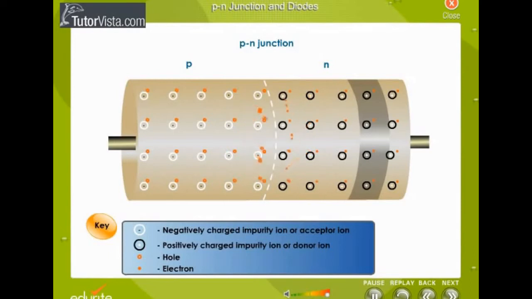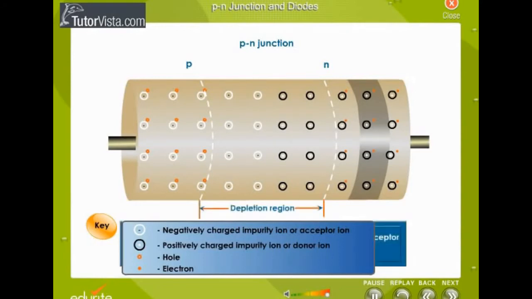The electrons and holes diffusing towards each other combine near the junction. Each recombination eliminates an electron and a hole. As a result, the positive donor ions in the n region and the negative acceptor ions in the p region are left uncompensated, and this region forms the depletion region.